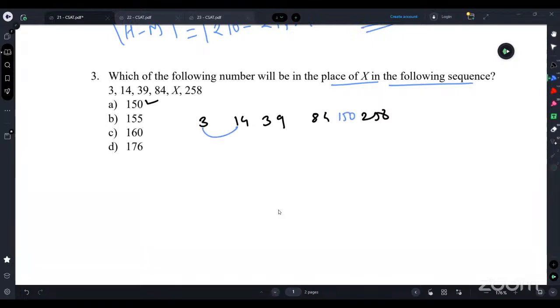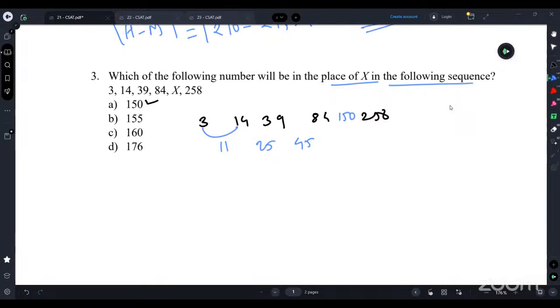See now, if you don't know anything, guys, let's start with the difference. 14 minus 3 is basically 11. 39 minus 14 is basically 25. Then 84 minus 39 is 45.